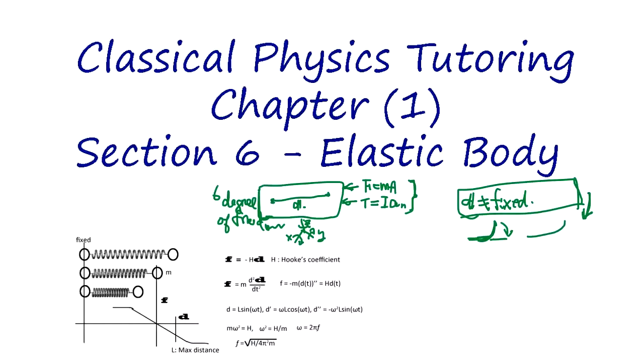The stuff that doesn't come back to the original state is called plastic. This plasticity is things deformed and they stay there. It may come back a little bit, but mostly it doesn't come back. And this is another subject.